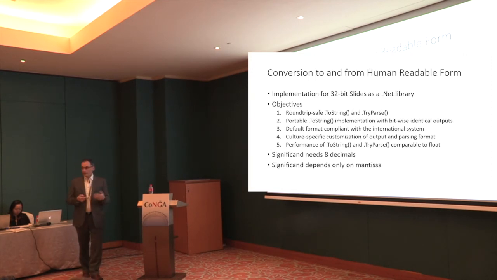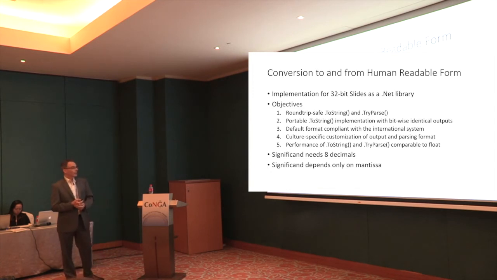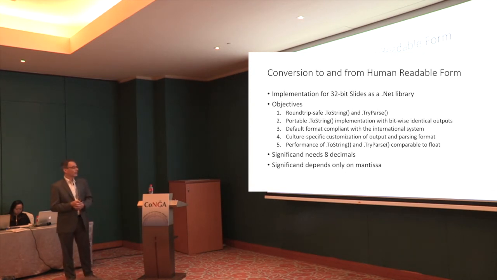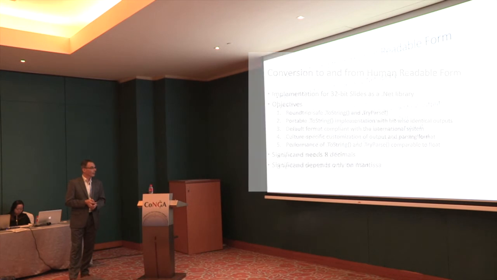It should be compliant with this international system, but still allow culture-specific customizations to have multi-char Unicodes and all these things that you need in other languages. By having this richer feature set, it should still be performant, comparable to what the .NET system offers.